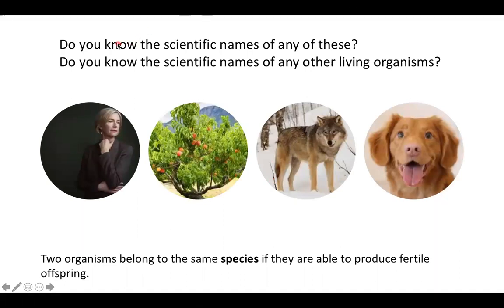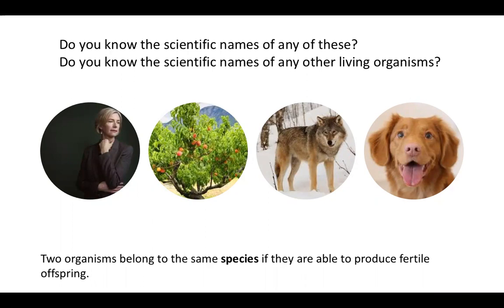We are going to be finding out about what species are. You should remember from GCSE that the definition of a species is when two organisms mate, they are able to produce fertile offspring. So we know that some organisms can mate with one another and produce infertile offspring.